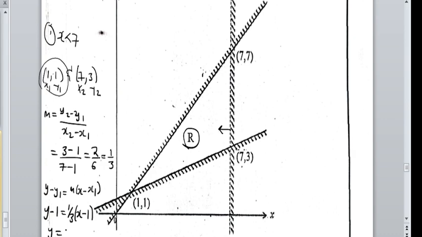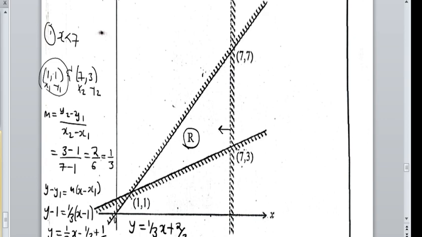So y is equal to 1/3x minus 1/3 plus 1/1. When this -1 crosses the equal sign, it becomes positive. If I simplify, -1/3 plus 1/1 gives positive 2/3. So this answer I've gotten is the other equation that we get.